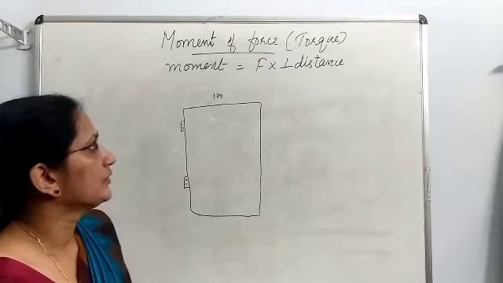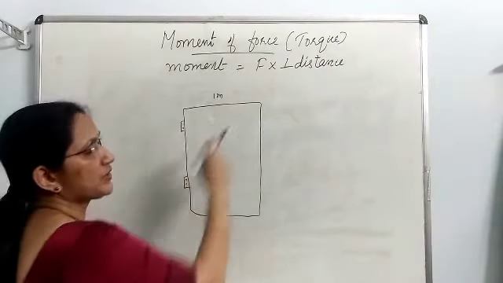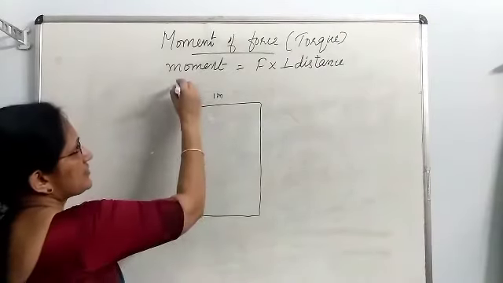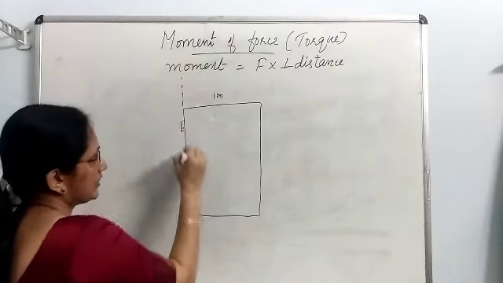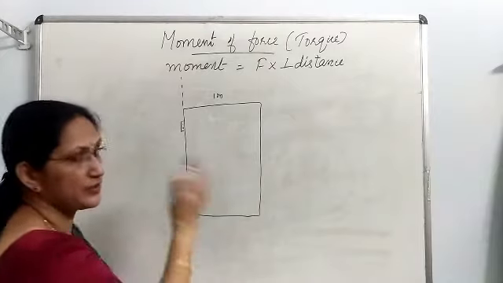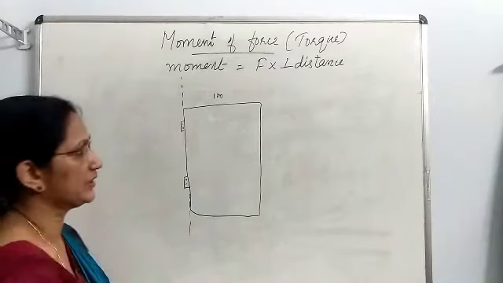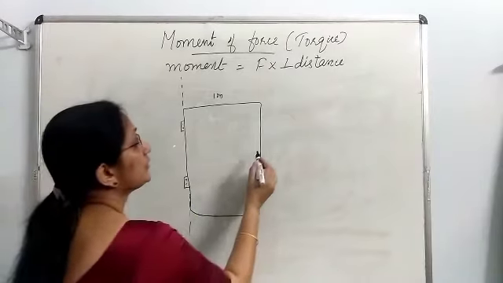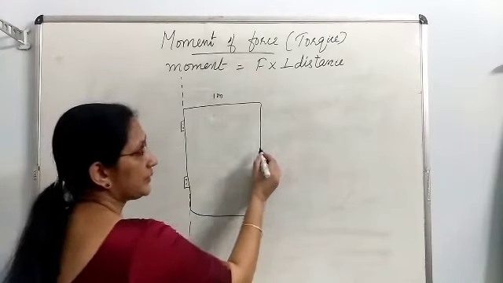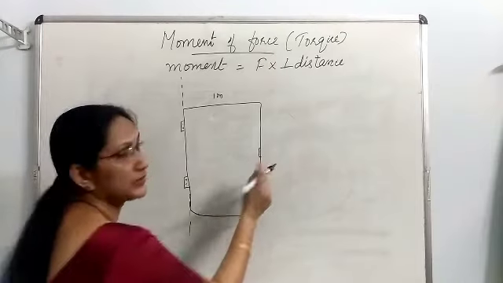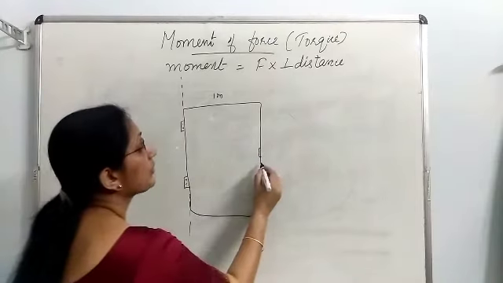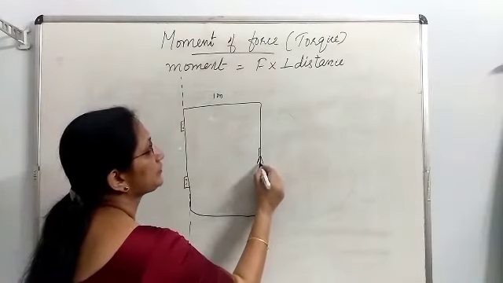Then here width of the door is 1 meter, and this is the axis of rotation of the door. This dotted line is the axis of rotation. Around this axis door will turn. And the force applied here, first case I am applying some force at this point. Usually handle on the door will be at the edge. Here I am applying some force on the handle.